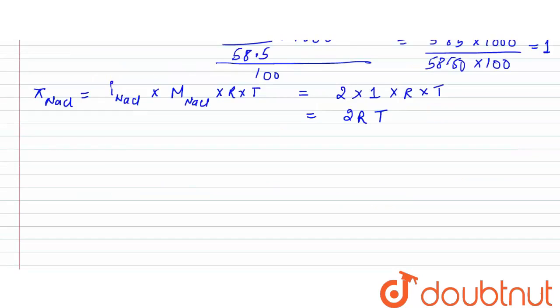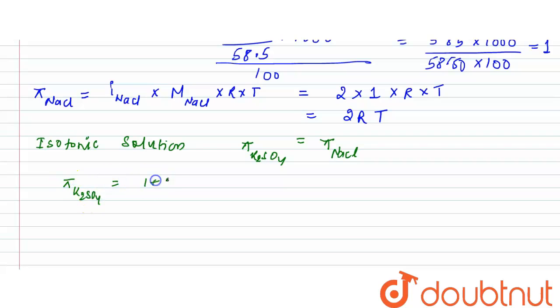Now since isotonic solution was mentioned, isotonic solution means pi of K2SO4 is equal to pi of NaCl. What is pi of K2SO4? We have already calculated it is 1 plus 2 alpha into R into T, and pi of NaCl just now we calculated is 2RT.